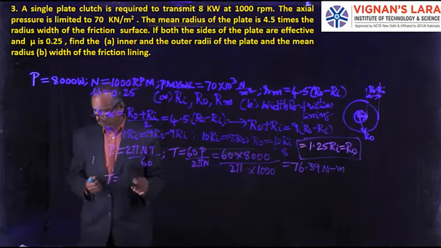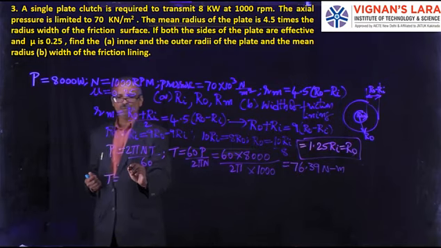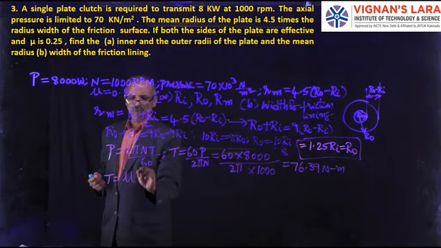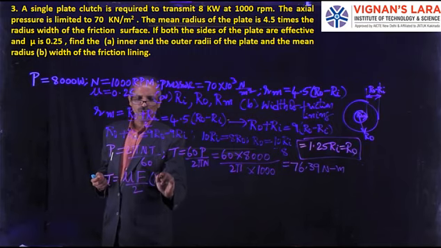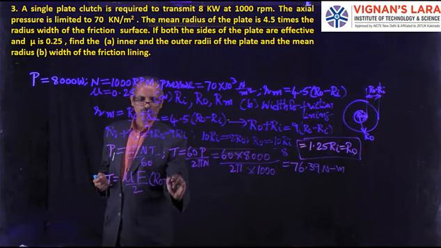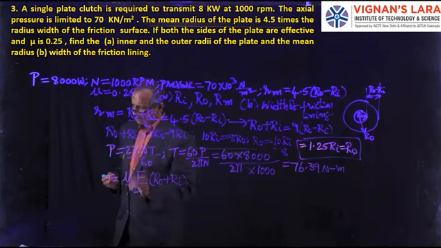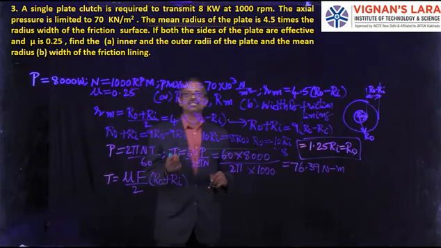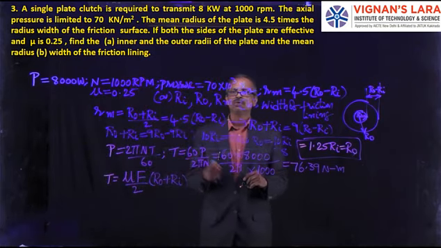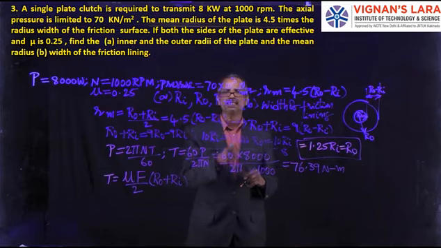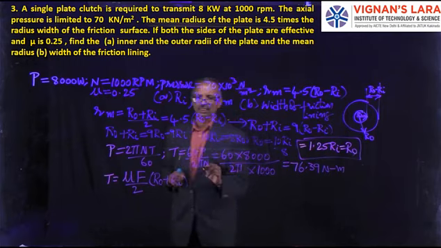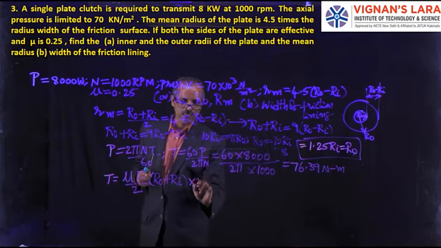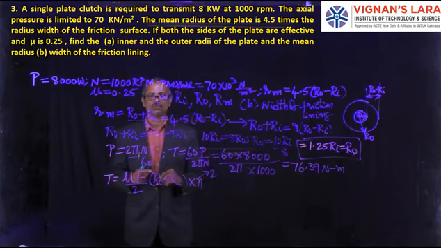T is equal to, the equation for uniform wear theory, mu F by 2 into R0 plus Ri, times N. How many surfaces are effective here? Both sides of the plate are effective, so N is 2.